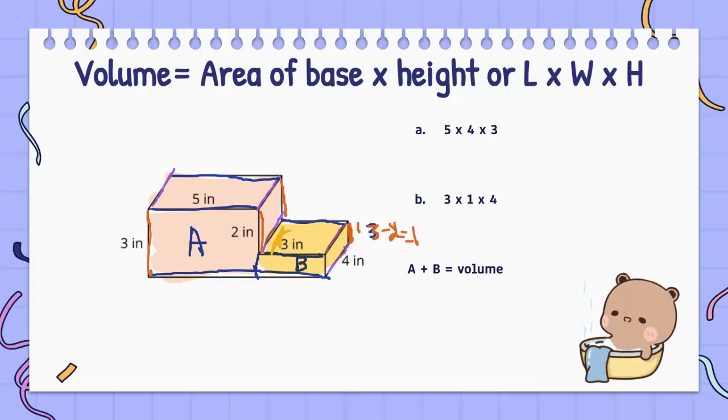So we can say 5 times 4, well, we know that is 20. And we know that 20 times 3, oops, I forgot my multiplication sign.